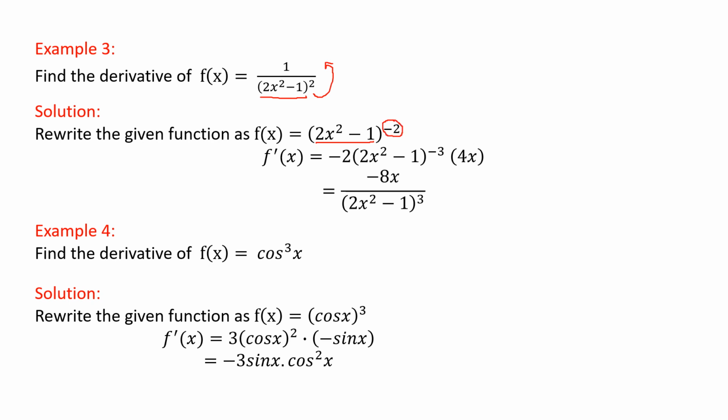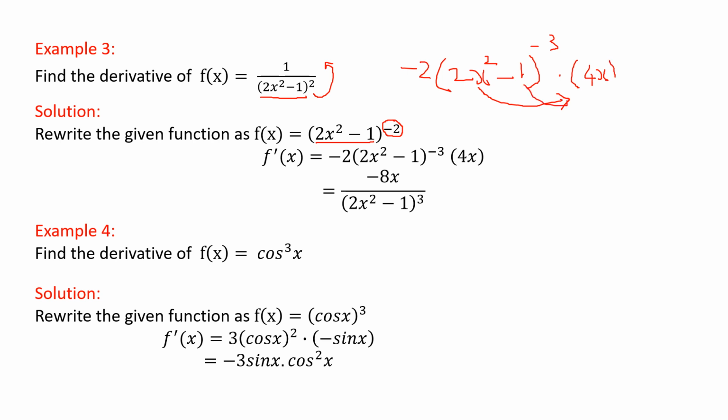Now use the same idea. So minus 2 will come front. Then we have to keep the inside term as it is, that is (2x minus 1). Then we have to reduce the power by 1, that is minus 2 minus 1 will give you minus 3, multiplied by the derivative of the inside term, that is the derivative of 2x will give you 2. The derivative of minus 1 will give you 0.